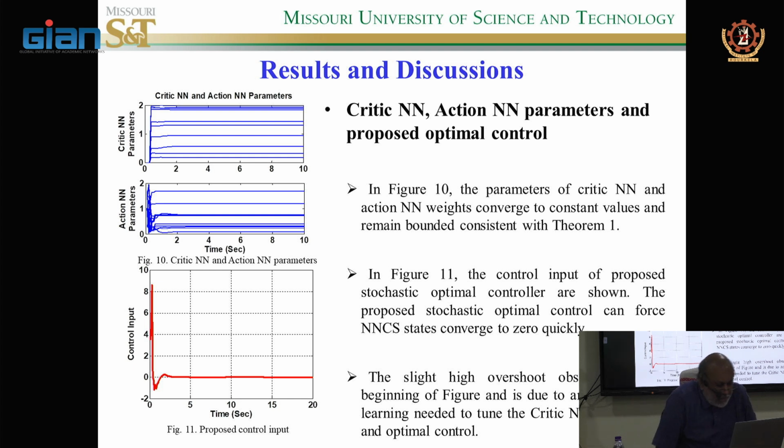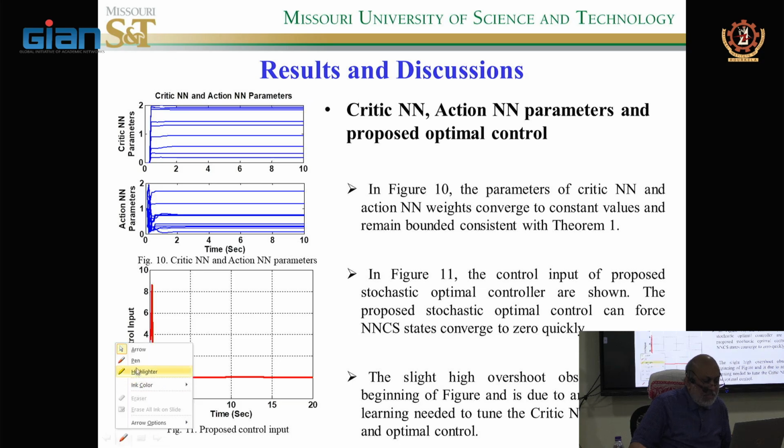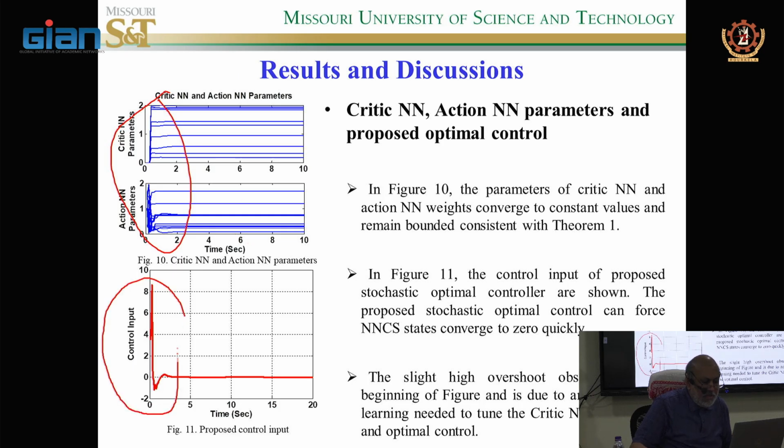And we also plotted the critique and action neural network weights, and you can see after a few seconds, basically these weights converge, the control input converges, and like I told you, initially there is a slight overshoot observed at the beginning of the figure, and it's due to the initial online learning needed to tune the critique and action network and optimal control.